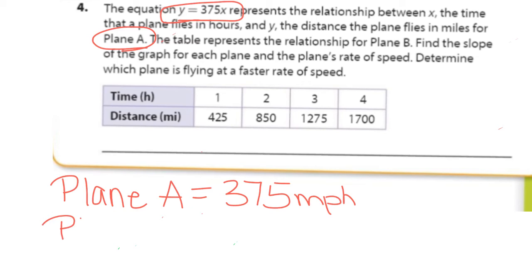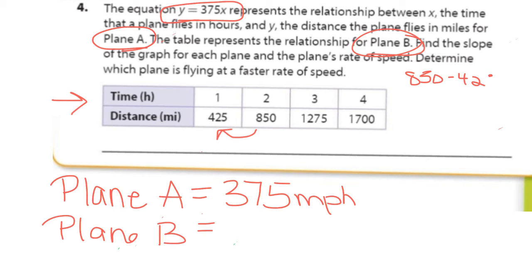This question also asks you for the rate for plane B, and this takes a little bit more work. Plane B is that table. So you want to figure out the difference between 850 and 425. So 850 minus 425. Also, 2 take away 1.